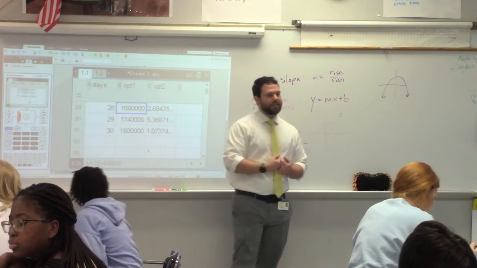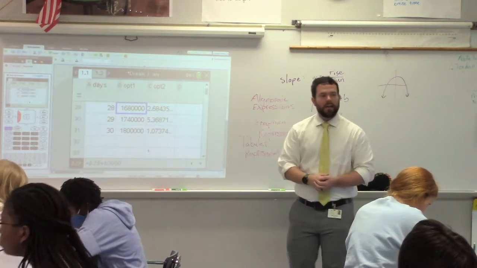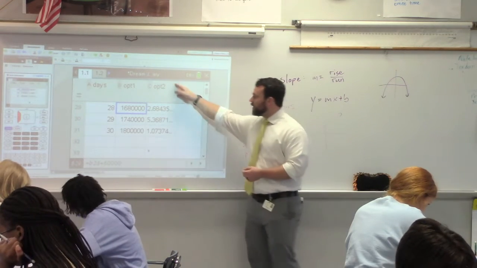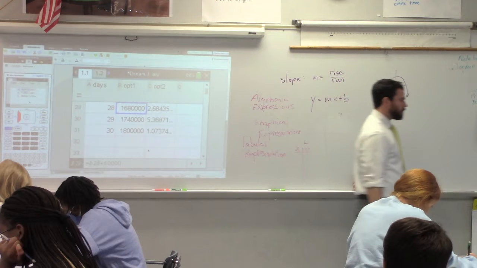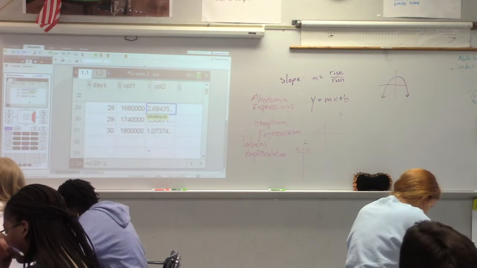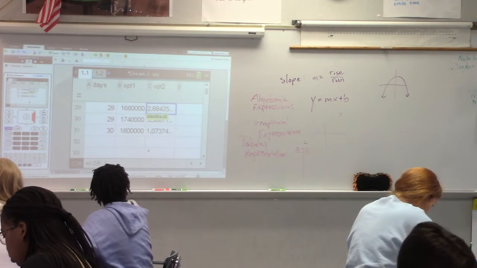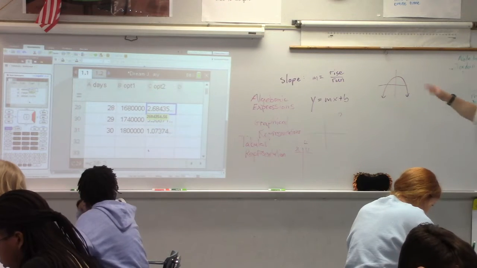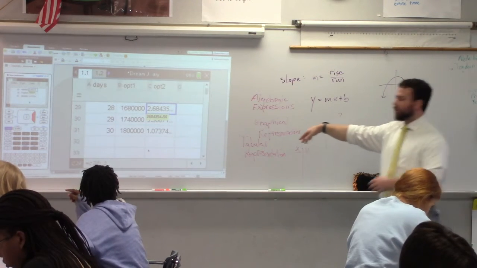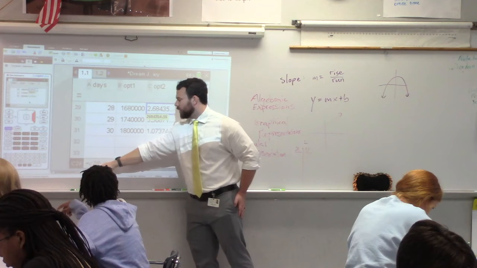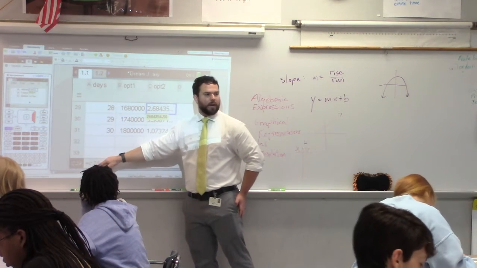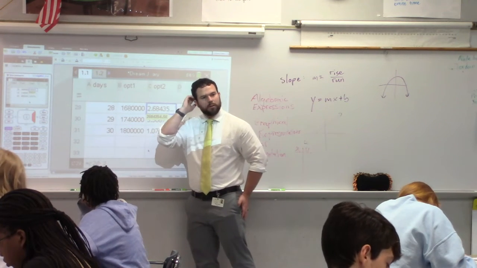Because it was adding by 60,000 every day, you were able to write a formula for that. What was the formula that we wrote for option 2? Like within the calculator, what did you do? You took the previous value and did what to it? Multiplied it by 2. Okay?